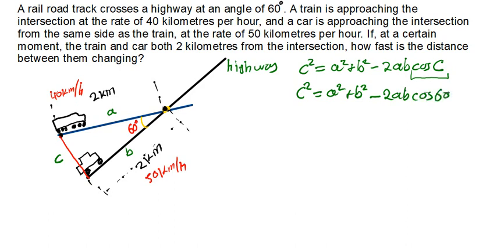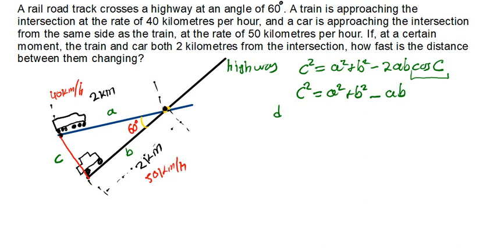Cos 60 is half, so 1 over 2, so the 2 is going to go. Instead of writing the cos, I'm just going to write minus AB, like that. Now we can differentiate both sides of that equation.